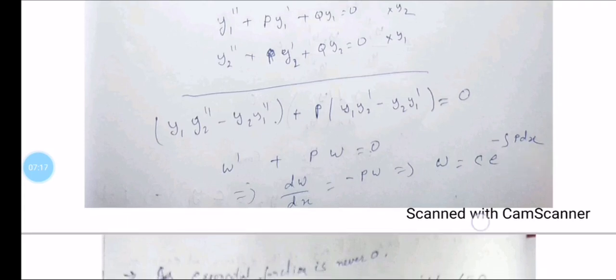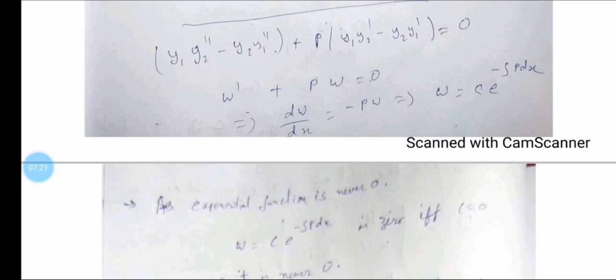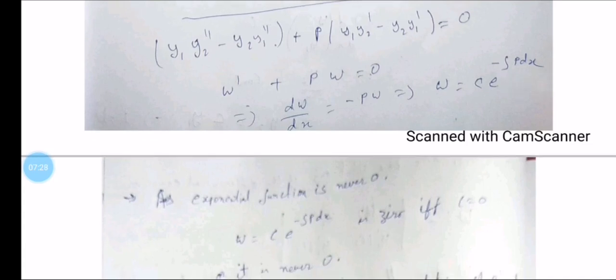Okay, so if we take -p equal to a, that can be written as W = c e^(ax), or W = c e^(-ax), or e^(-px), if p is some constant.